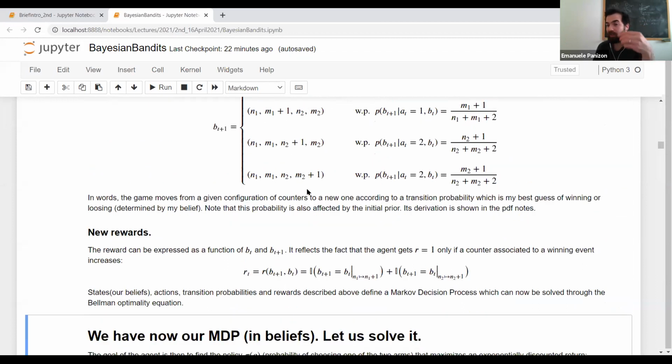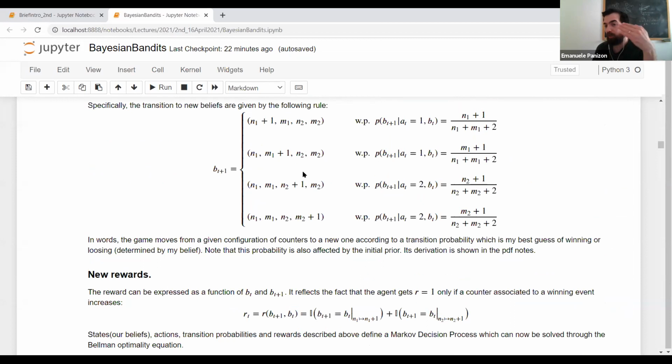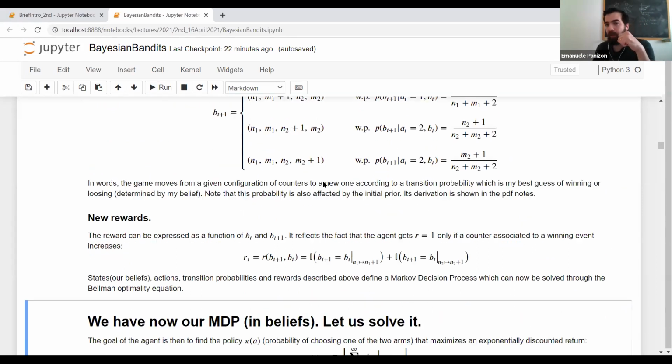So we start with a prior which is described by Beta(1,1,1,1), that is n1 equals 0, m1 equals 0, n2 equals 0, m2 equals 0, and then we go away from the origin. So the total number always increases.